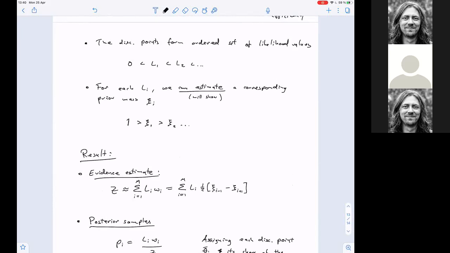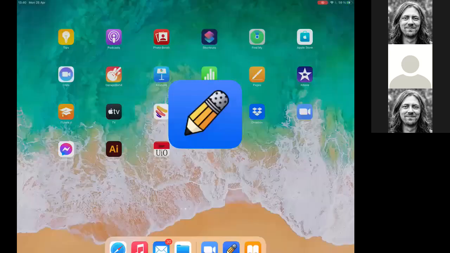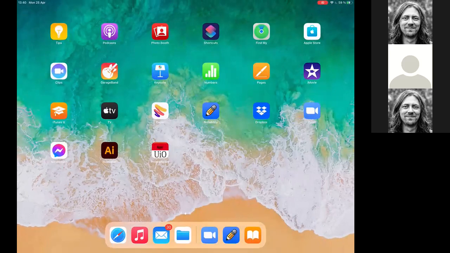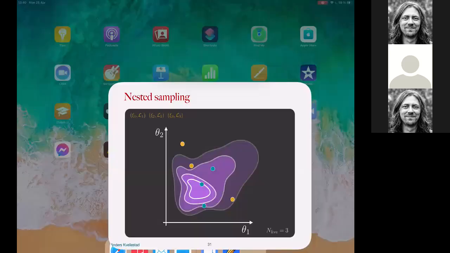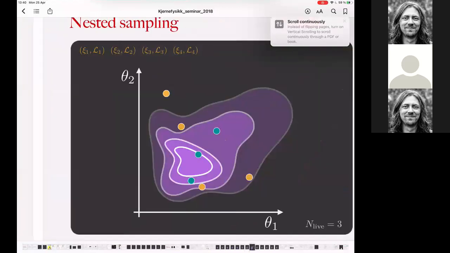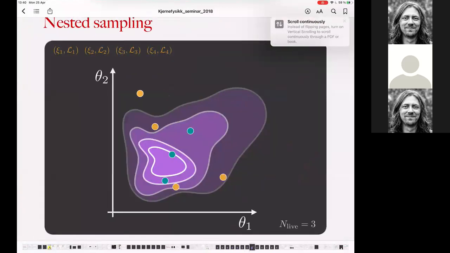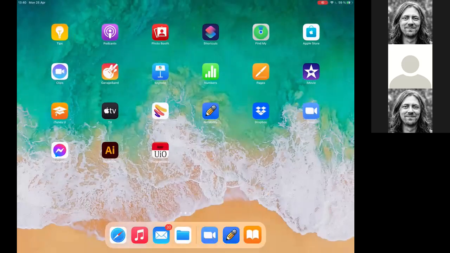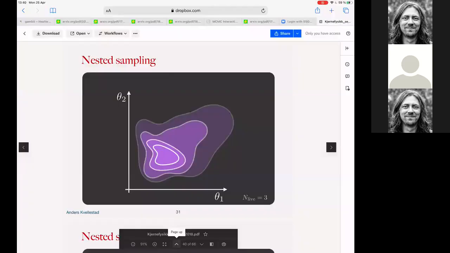The algorithm efficiency, I'll just refer to the literature effectively. But before doing that, I want to just flip through some slides that hopefully illustrate how this goes.